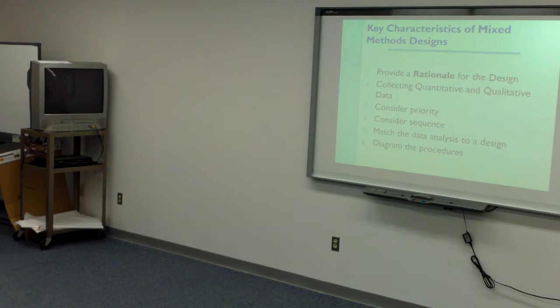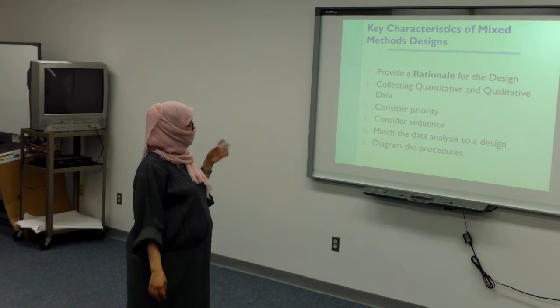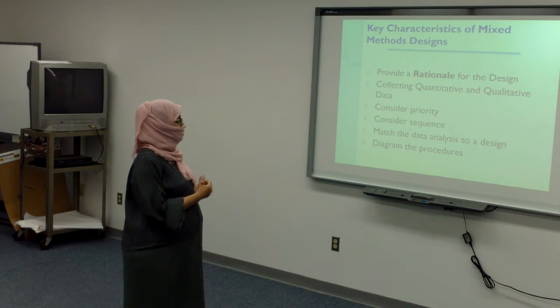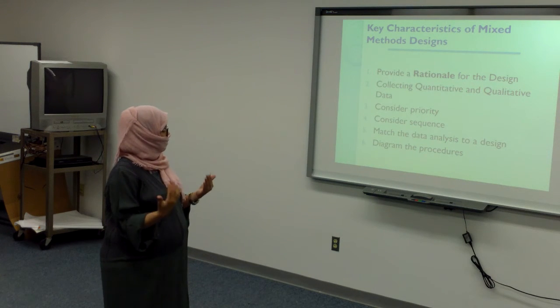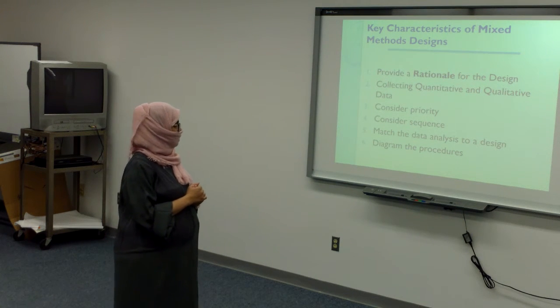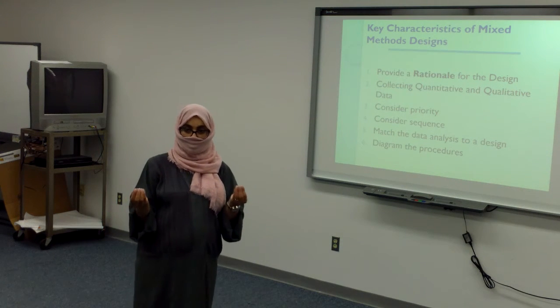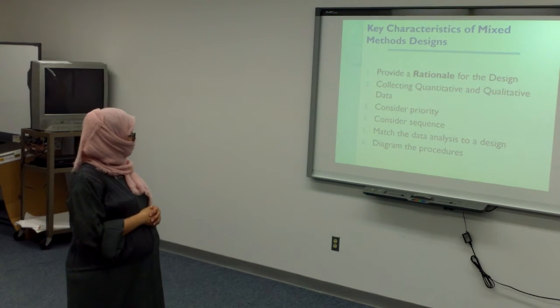Key characteristics of mixed method. So the key characteristics: it's supposed to have a rationale for the design, why they use the design or what's important. Collect both quantitative and qualitative data. Consider the priority of data, which one is more important than the other.